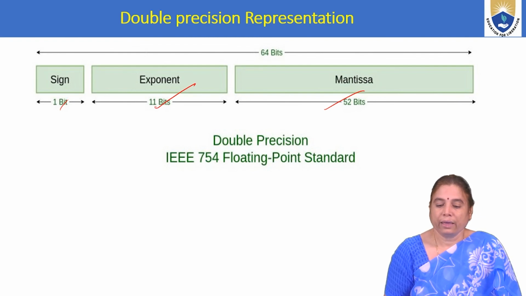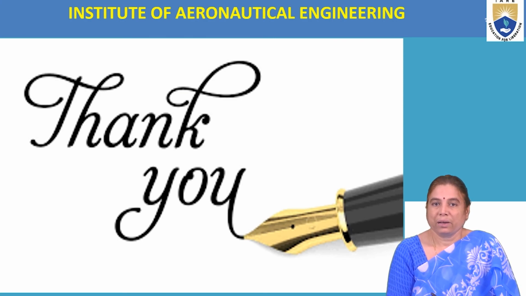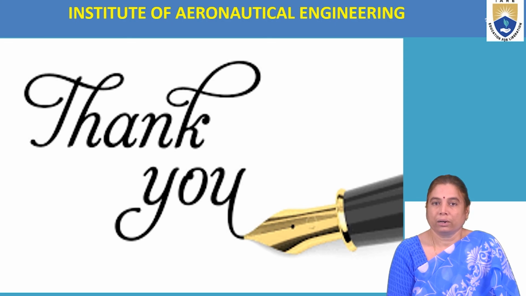So in this video, we saw how to represent numbers using the various number systems like the decimal, binary, octal and hexadecimal number systems. Another alternative way to represent numbers is BCD, binary coded decimal.